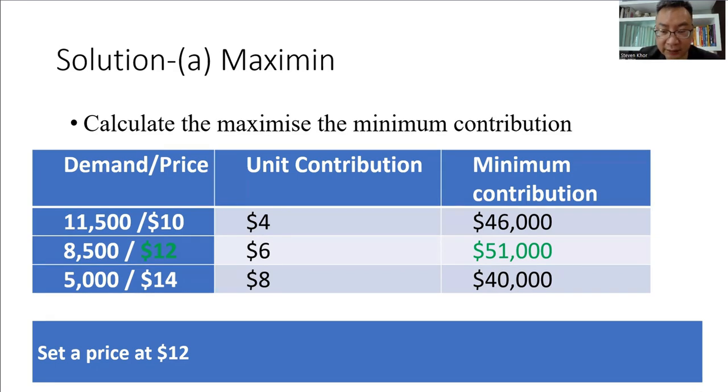So this is the max, you see. You are maximizing the minimum return. All right, so that's why it's worthwhile to set the pricing at 12. You got it? So under this Maximin, maximize the minimum return, you choose the pricing at 12.